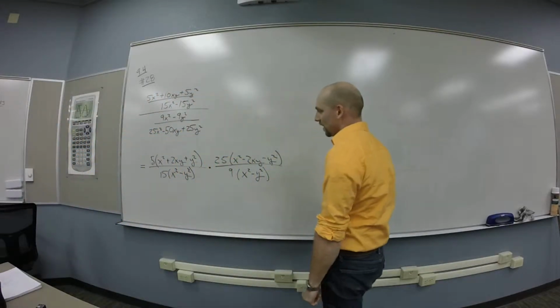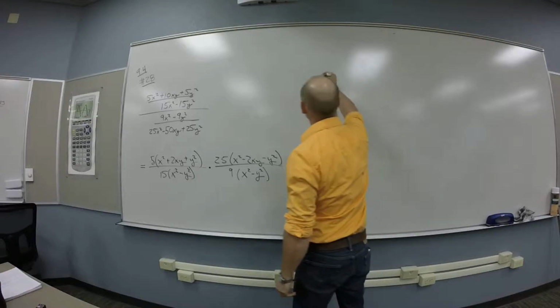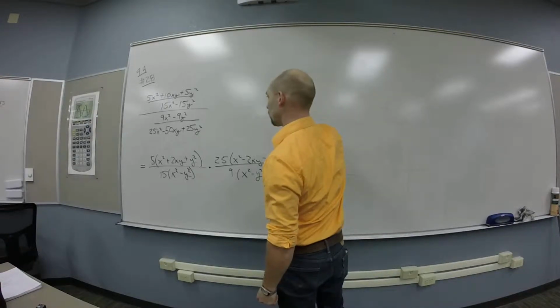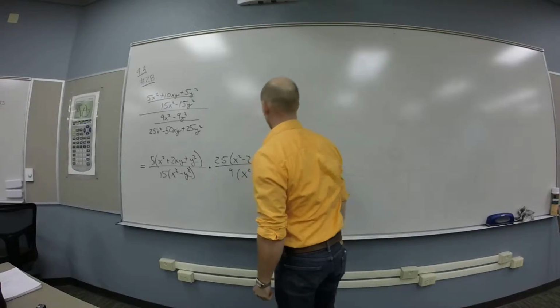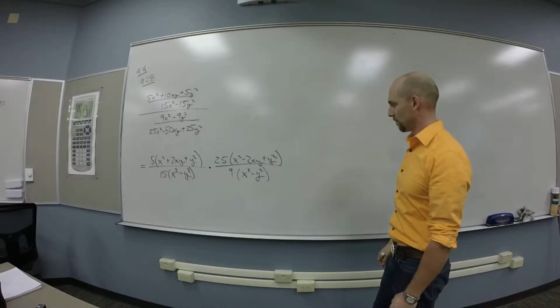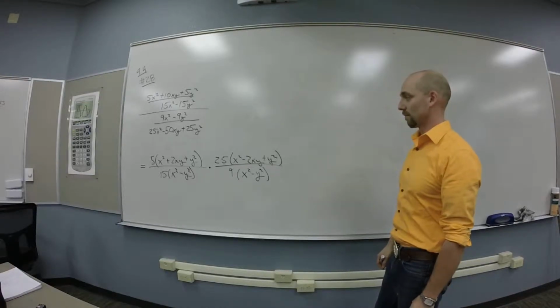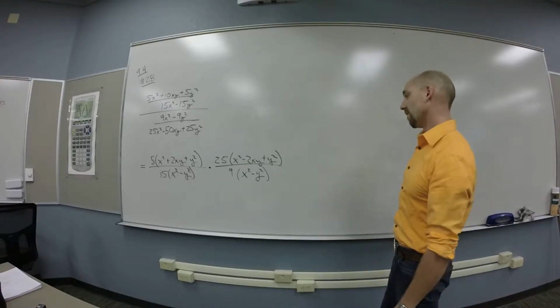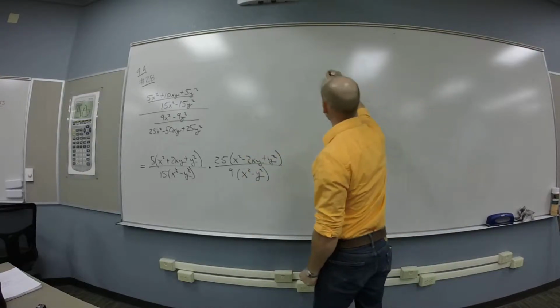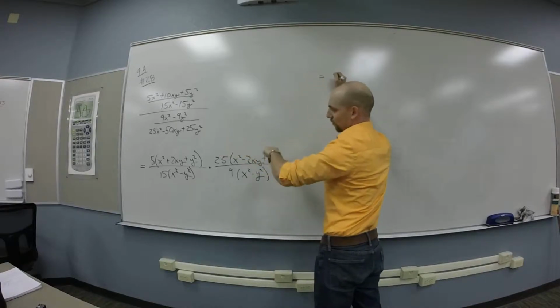Aren't you missing a sign on the y squared on the right side? Thank you. Can't you factor both of those and cancel stuff that way? Yeah, so let's start factoring. Let's see, so on the top I've got a 5 and a 25, right?